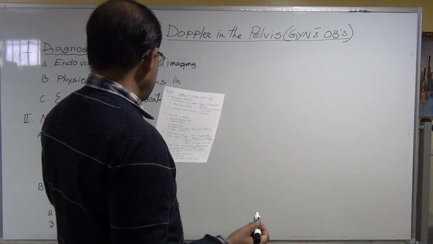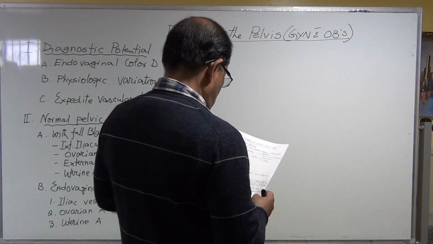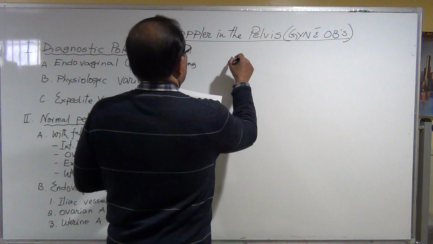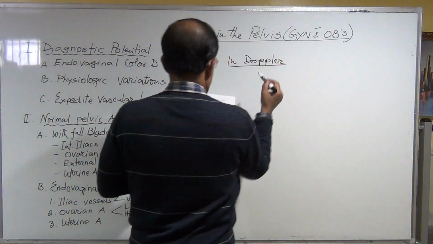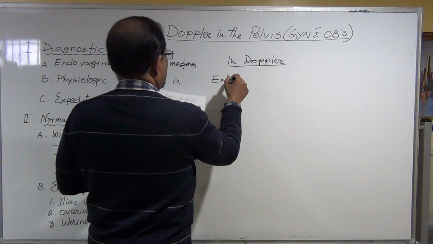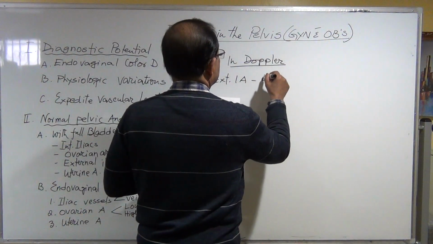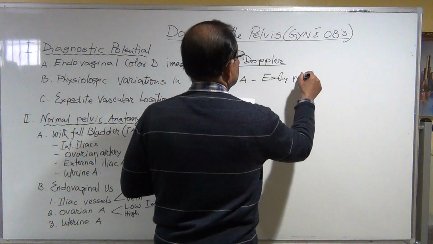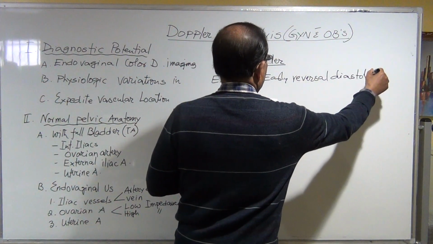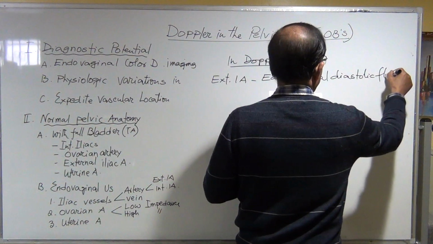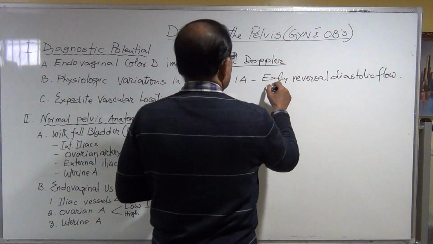Normally the internal iliac artery and external iliac artery, with the Doppler, what do we usually see? In the external iliac artery, we see early reversal diastolic flow. It looks like this.